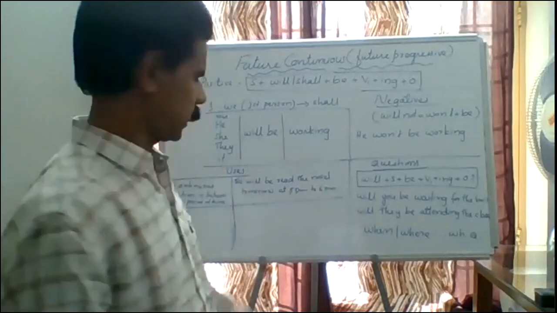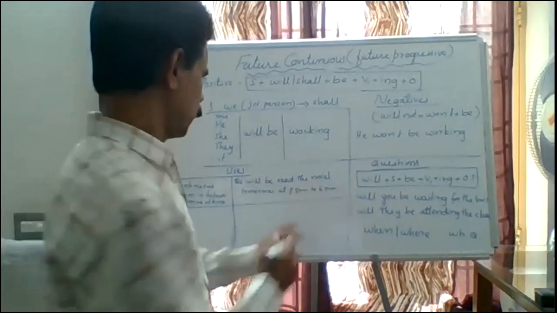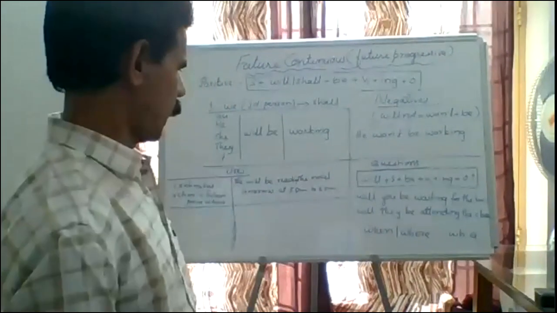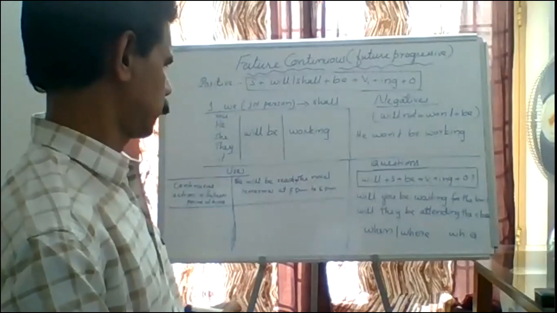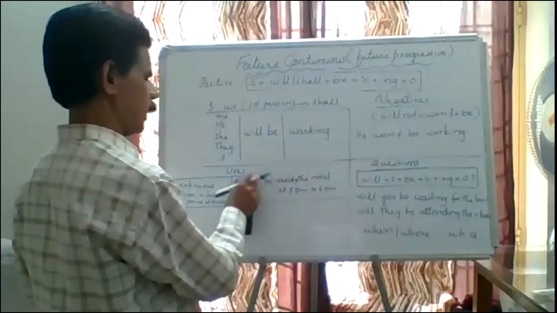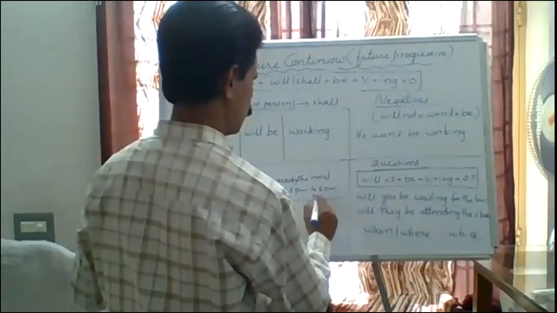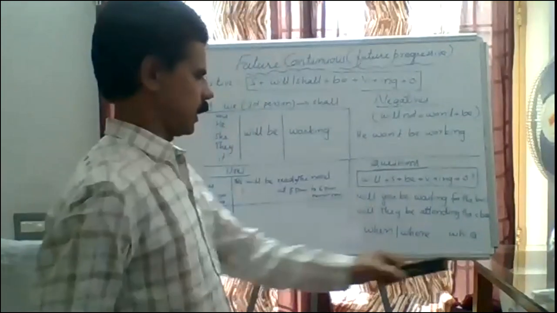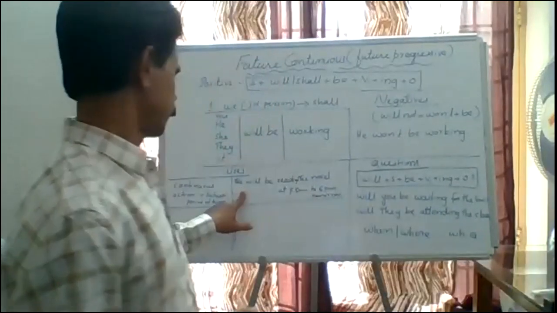I just want to show a period of time. That's why he will be reading the novel tomorrow from 5 p.m. to 6 p.m. Okay, right? Understood? Everybody? He will be reading.